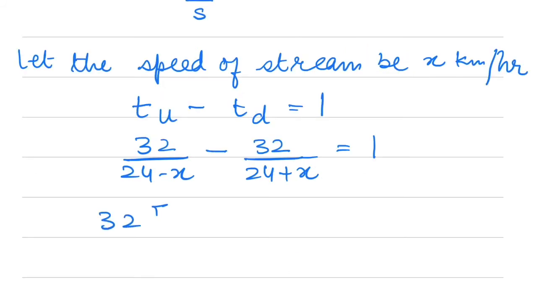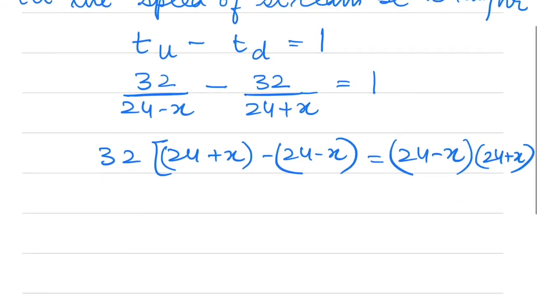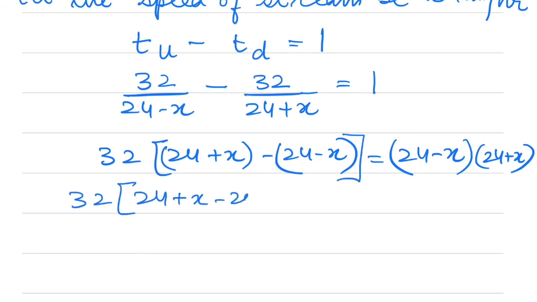So 32 is common, and I can write down 24 plus x minus 24 minus x is equal to 24 minus x into 24 plus x. So here we have 32 into 24 plus x minus 24 plus x is equal to 24 square minus x square.